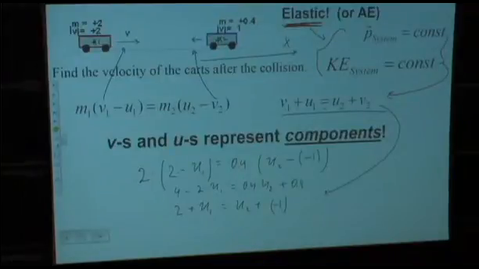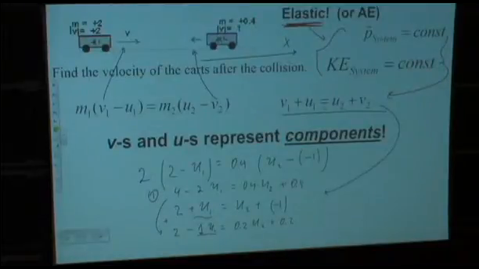For example, if I take the equation number 1, and I divide everything by 2, what does it give me? 4 divided by 2, 2. 2 divided by 2, 1. 0.4 divided by 2, 0.2. 0.4 divided by 2, 0.2. So now I can see 2 variables, opposite, plus u1 minus u1.